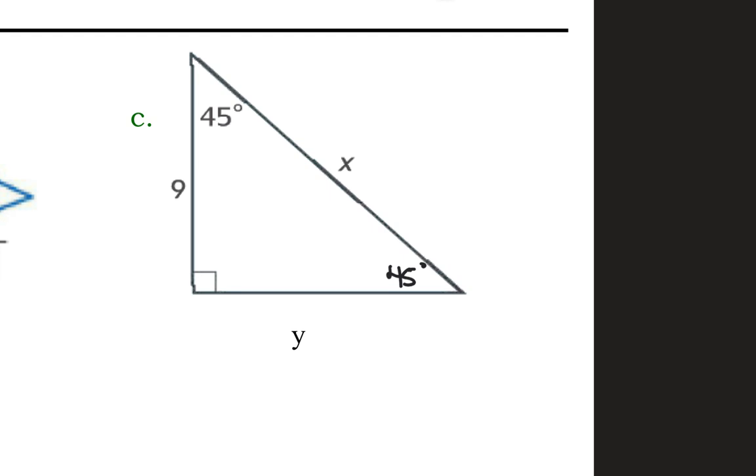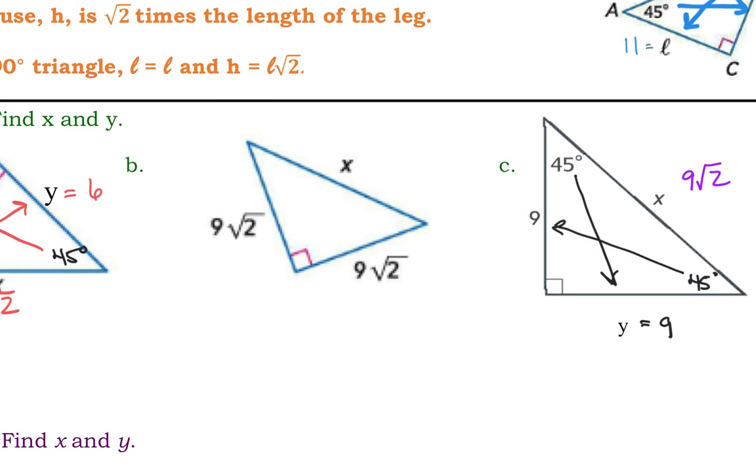All right, so across this 45 we have 9, so this leg should also be 9. So your hypotenuse is whatever your leg is times the square root of 2. So in this case, if we know this is a 45, 45, 90 triangle, this is 45 and this is 45.